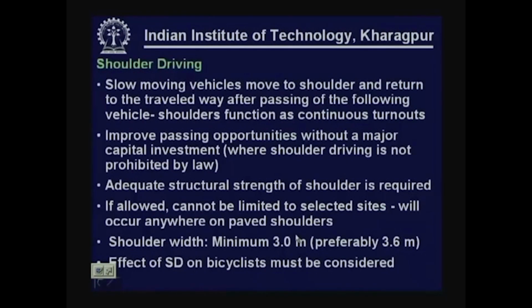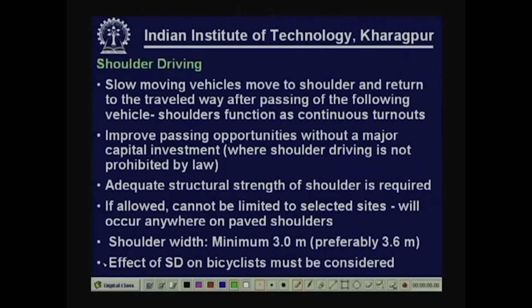Now, shoulder driving. Shoulder driving is another way of improving passing opportunities, where slow moving vehicles move to the shoulder. It is a normal shoulder, no extra widening essentially, and they return to the travel way after passing of the following vehicles. So, the shoulder functions as a continuous turnout.